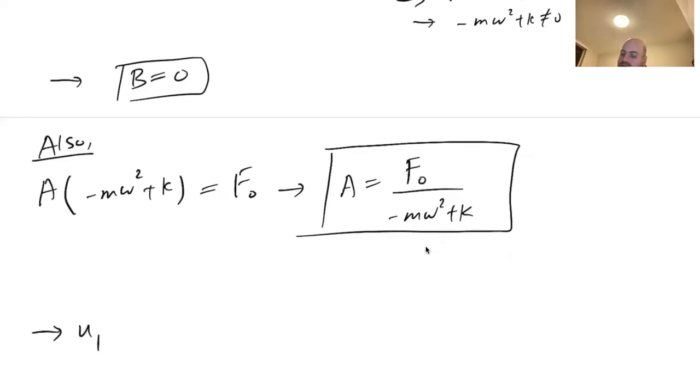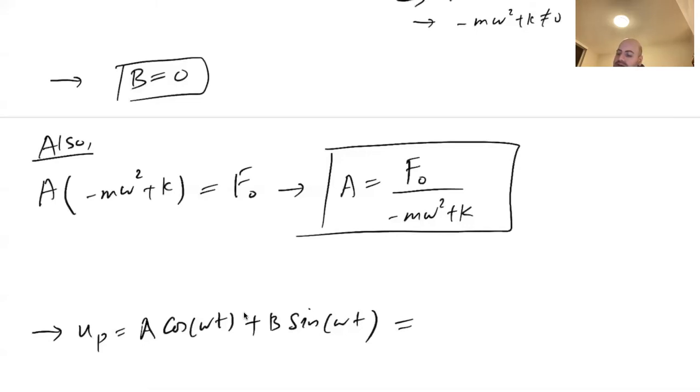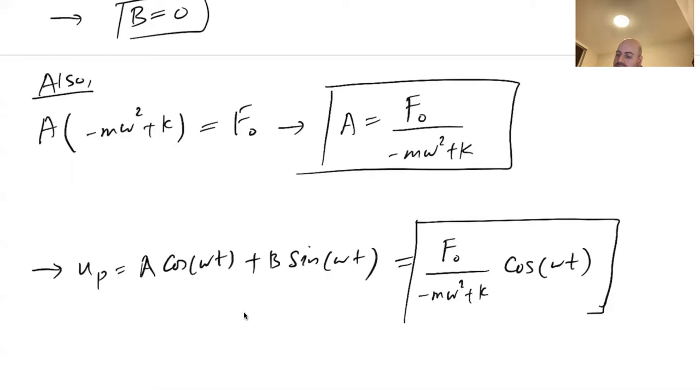So u_p will be equal to, we said, A cos omega t plus B sine omega t. And we found A and B, so B is 0. The second term vanishes, and for the first term we found A as f0 divided by minus m omega squared plus k, times cos omega t. Okay, so this is our particular solution.